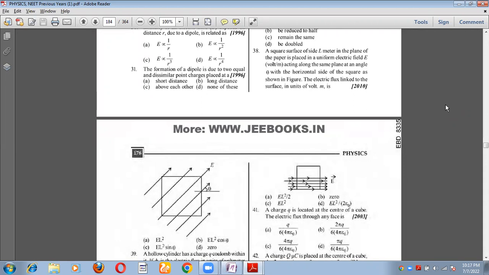This is a very tricky question and easy also. Such type of questions are important for both JEE and NEET. So each of you go through this question, 38.